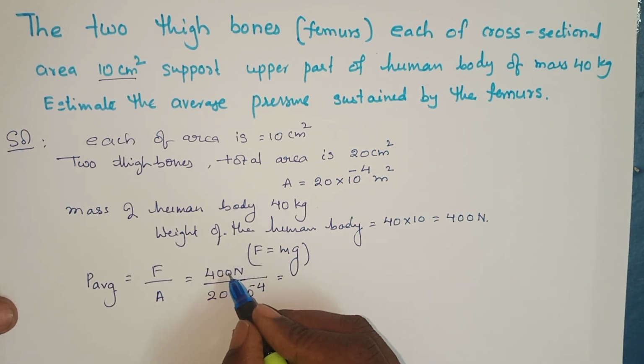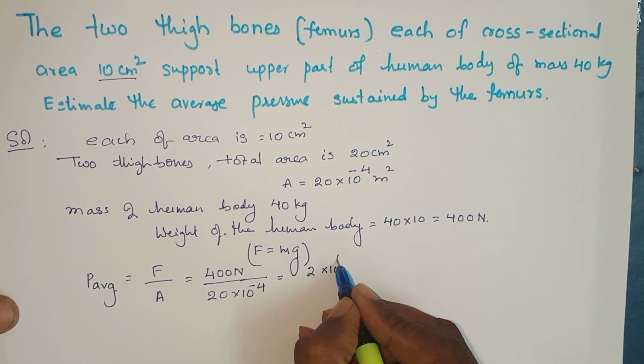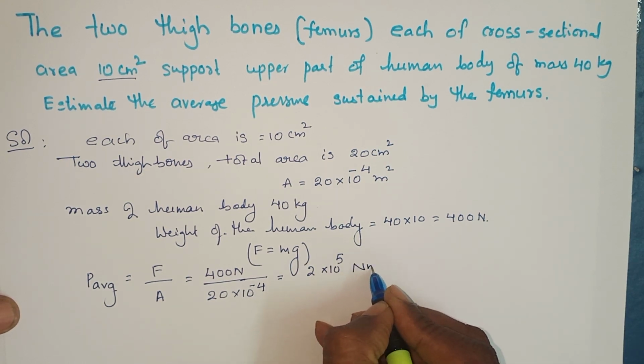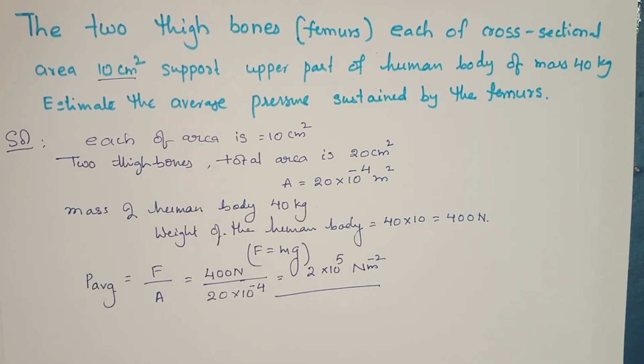It becomes 2 into 10 power 5 Newton per meter square. This is a simple calculation of pressure.